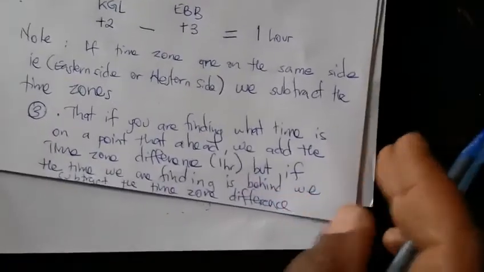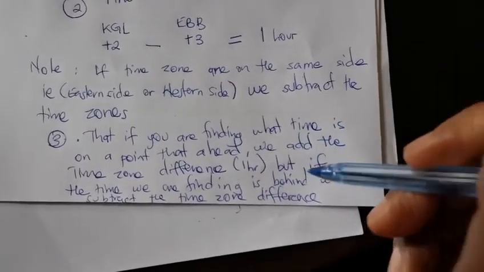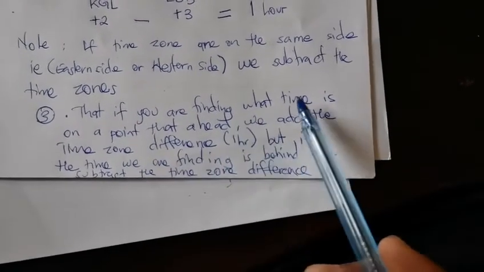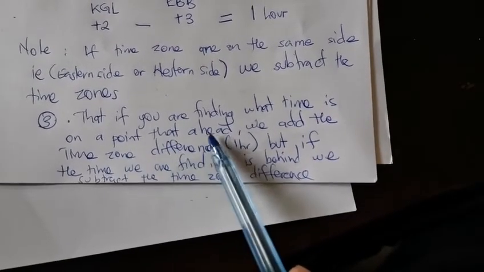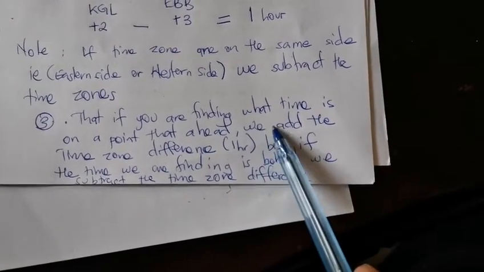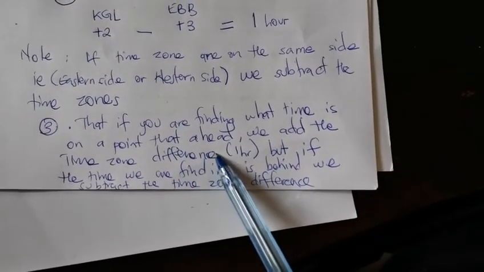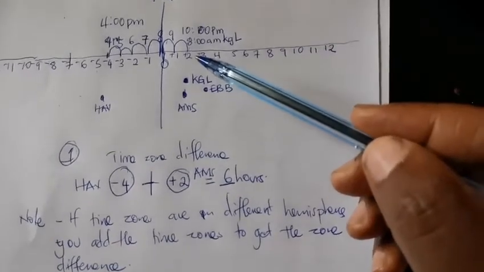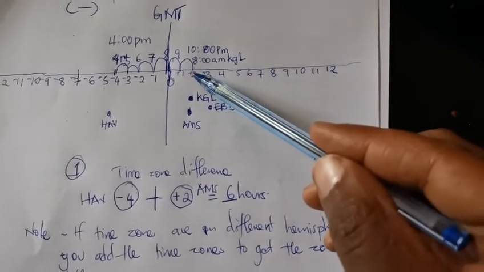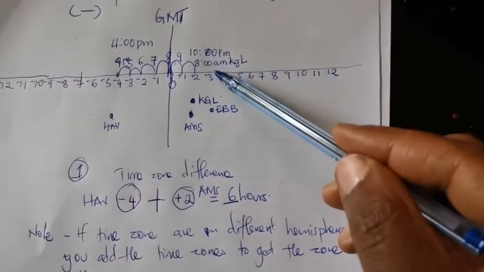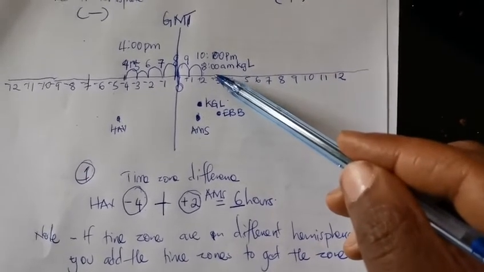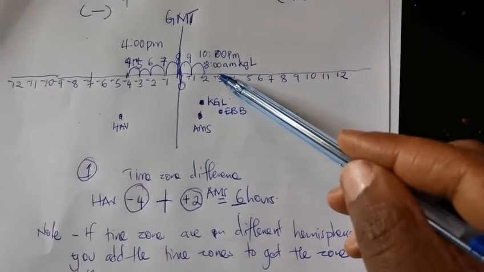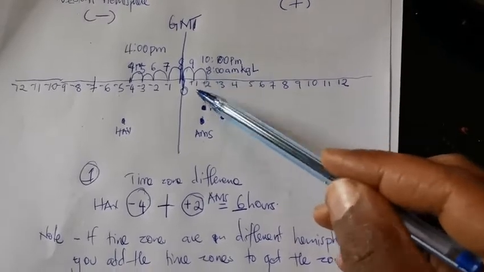If you don't want to use the terms that I've used here, you can simply say that if you're finding what time it is on the point that is ahead, we move forward. Understand? We move forward on the grid. For example, we move forward from KGL to EBB. But if we are finding time that is behind, we move backwards.